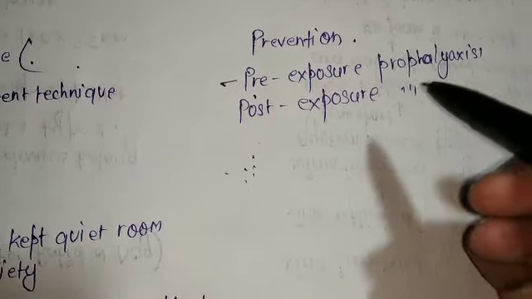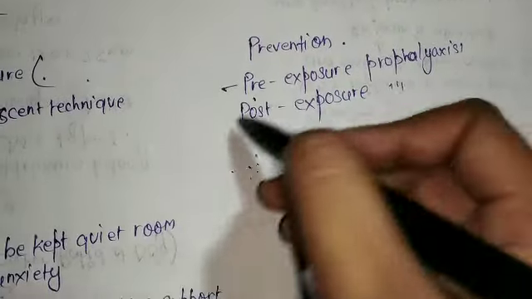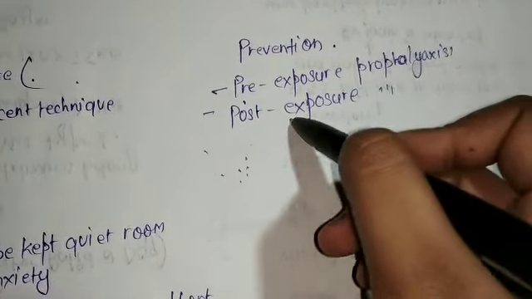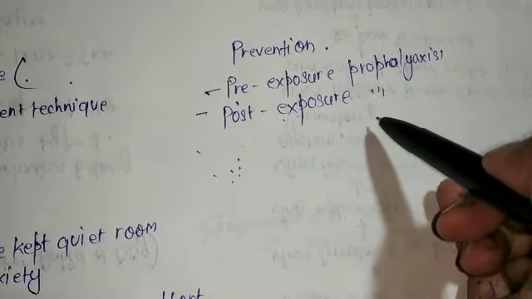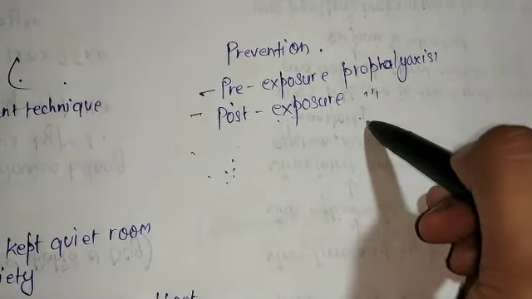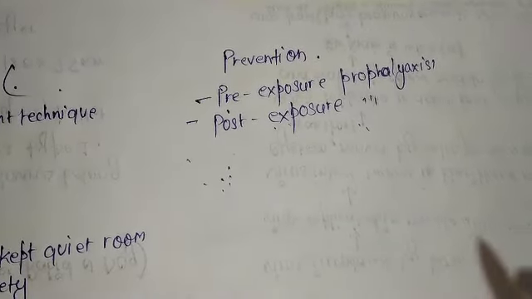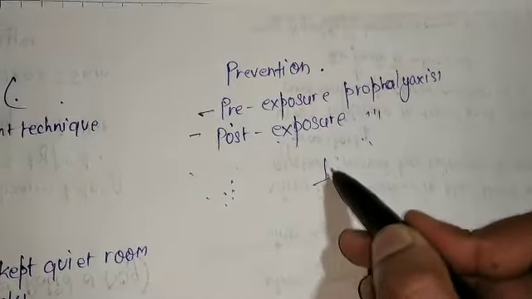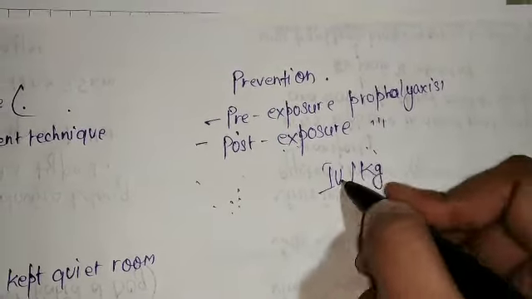In post-exposure, after that, a 20 IU/kg body weight dose of human rabies immunoglobulin, or 40 IU/kg, where IU per kg is a unit, should be given.